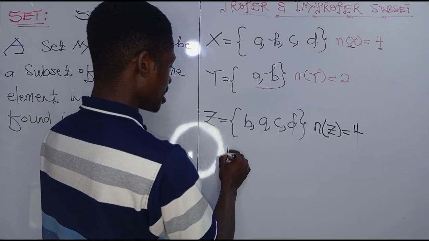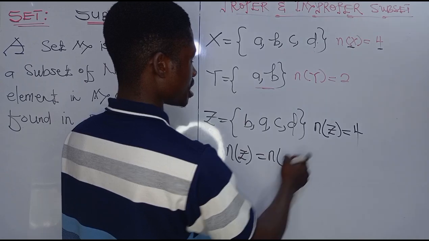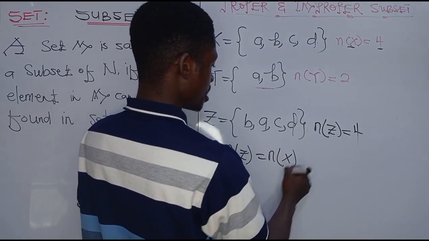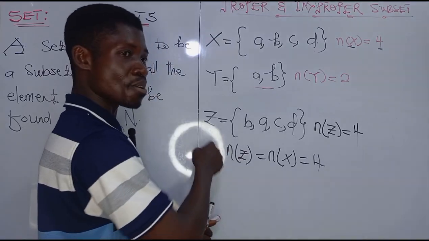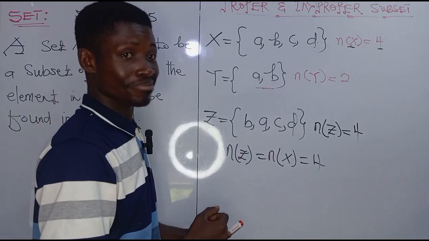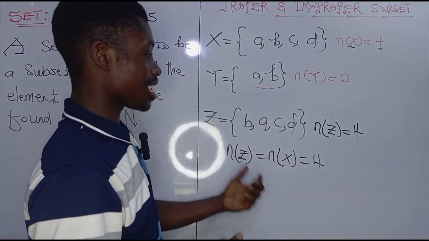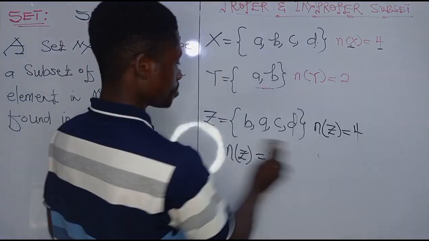So you agree with me that the number of elements in Z is equal to the number of elements in X, which is 4. So we can say that set Z is an improper subset of X. That is all. So that is that for improper subsets.